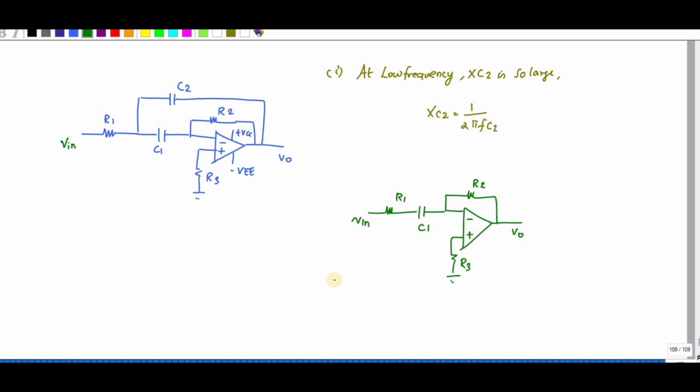Okay, and we know that since it is an inverting amplifier, A is equal to minus R2 divided by, so this one is in series, right? So R1 minus jXC1. So I can write it as R2 divided by root of R1 square plus XC1 square.